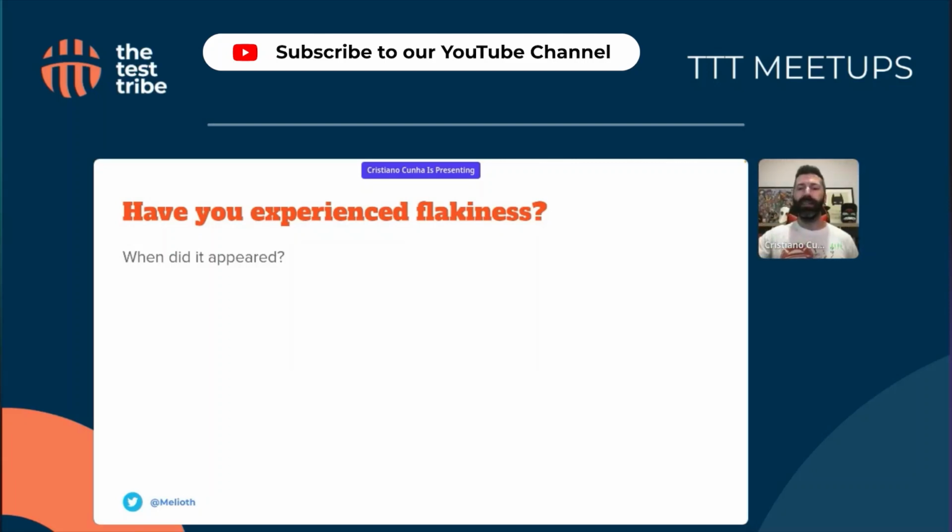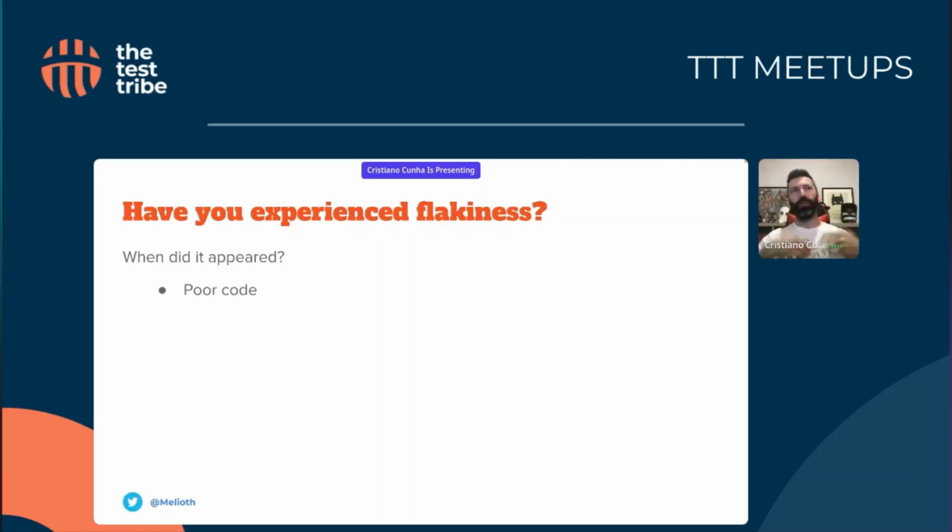And then I started adding more tests, and we needed more environments. And I needed to write a lot of code to do more tests. And most of the time, I started seeing that poor code in tests enhances the possibility of flakiness.